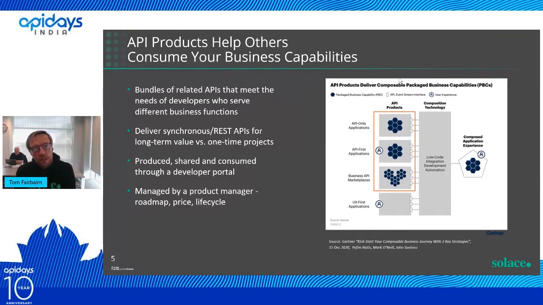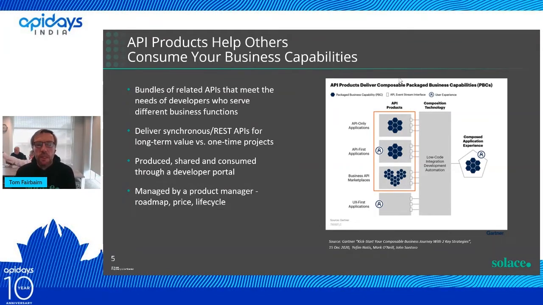So if we think about then, the API products are bundles of related APIs that serve a particular business function. So we're bundling together lumps of system capabilities that serve a business function. Now, an API product delivers a synchronous REST API, and we're talking about long-term value here.